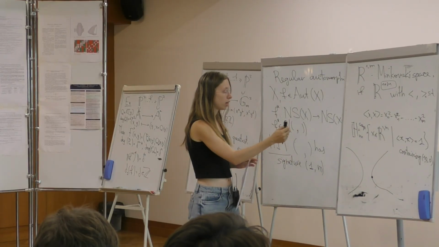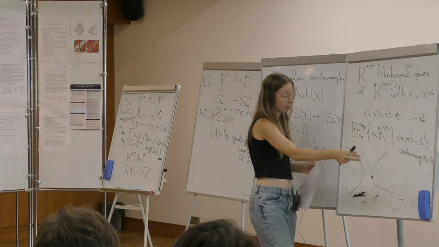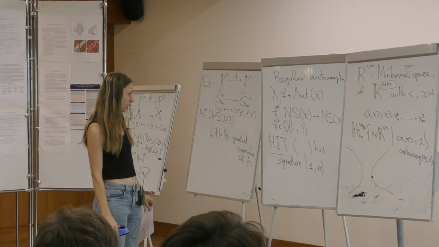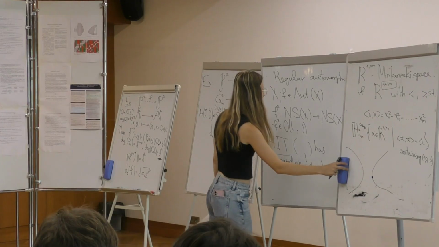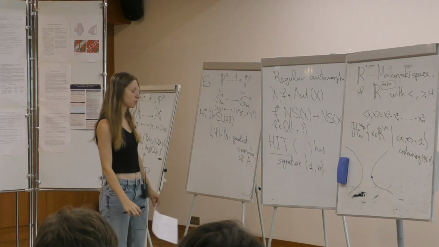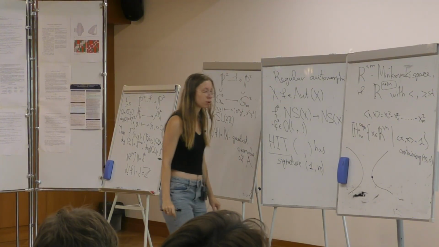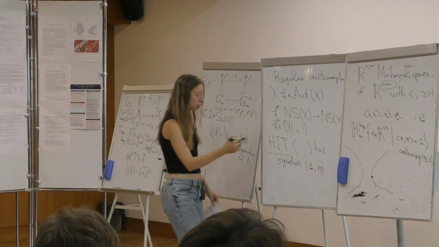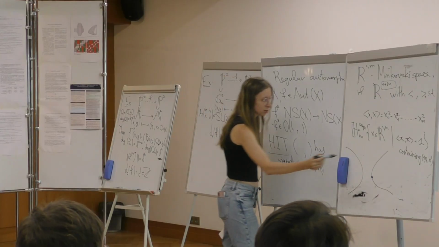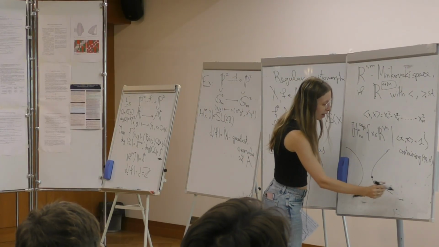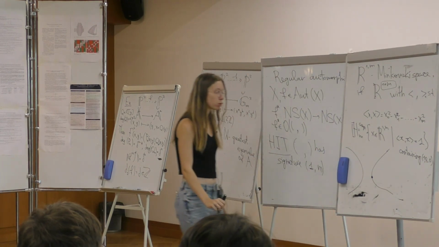I just want to say that our regular automorphism of a surface does not only preserve this form, it also preserves an ample divisor. Ample divisors lie only on one of the two components.